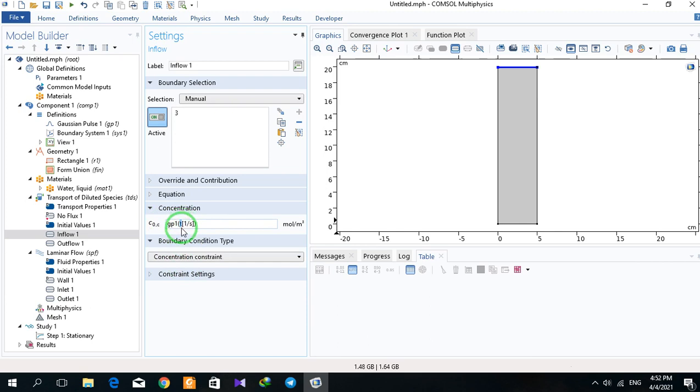The independent variable in the function is time, and it must be unitless, so I put 1 per second in the bracket.